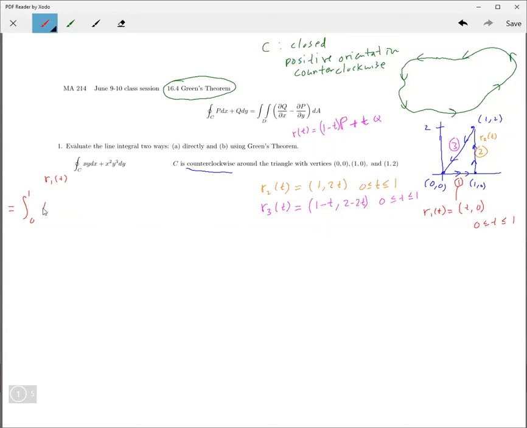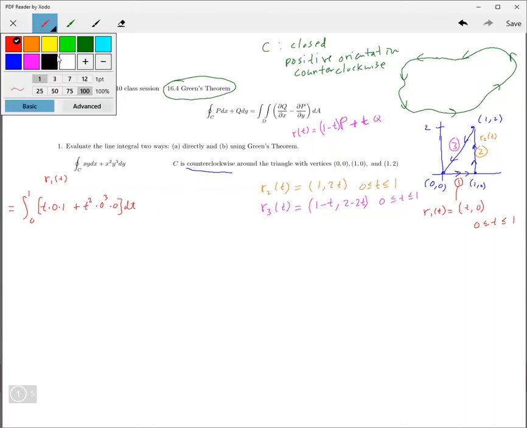So that's going to be t times 0, and dx is 1. Then x squared y: x squared is t squared, and y is 0, so that's 0. And dy is 0. So that's just going to be 0. That's the first integral.